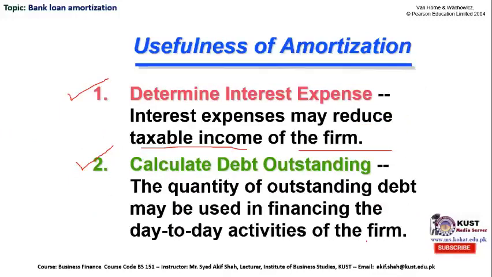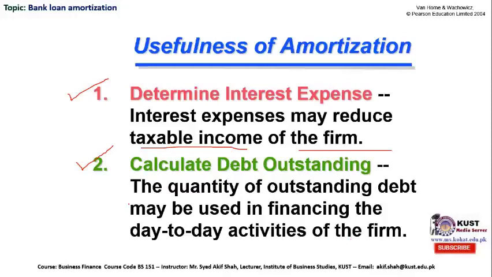The bank also knows how much amount the bank is receiving in principal and how much amount the bank is receiving as interest revenue. So therefore, the bank can decide for the application which she is going to receive in the near future for loan purposes, and the bank will be clear about the principal amount available from time to time so that it can finance day-to-day activities of the firm.